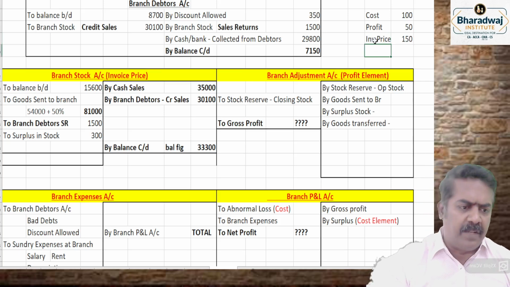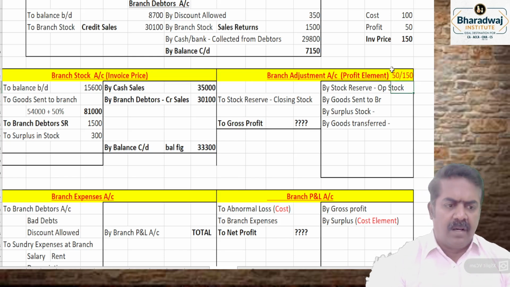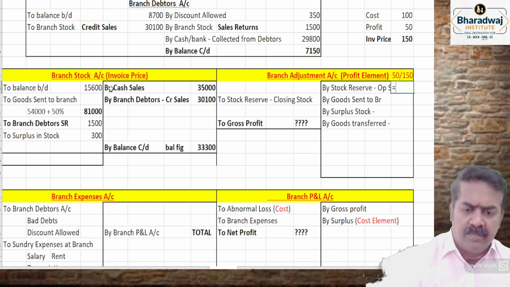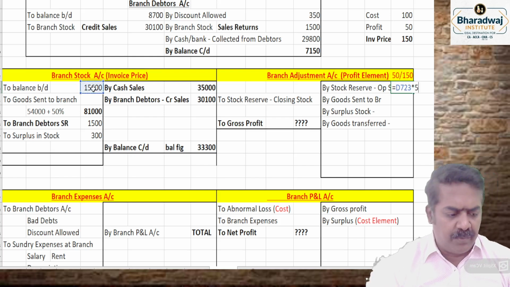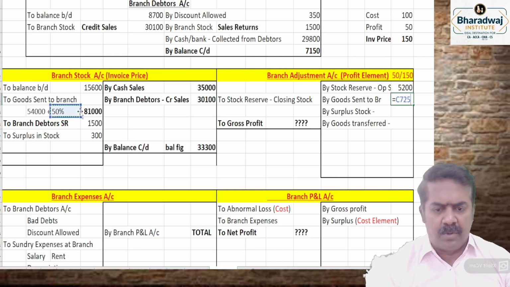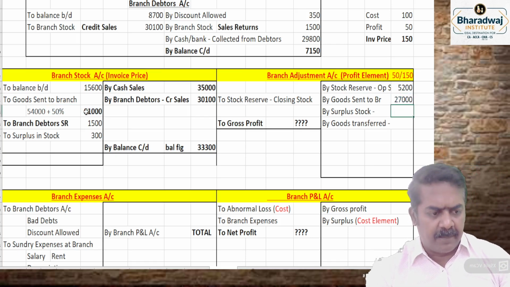So we'll apply 50 by 150 to remove the loading. So profit element 50 by 150. On the opening stock, 15,600 into 50 by 150. How much you get? On the goods sent to branch, 81,000 minus 54,000 you can do, or 81,000 into 50 by 150.